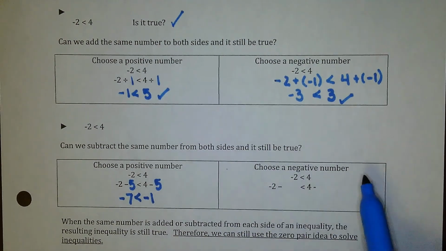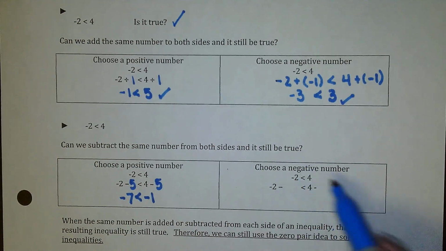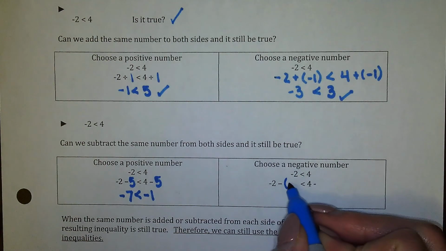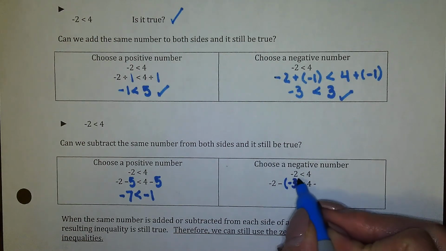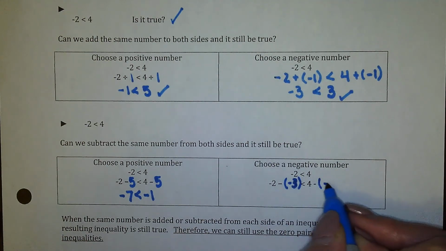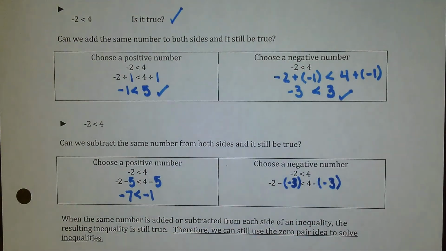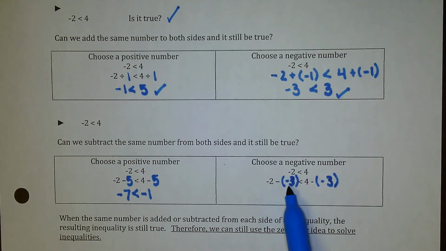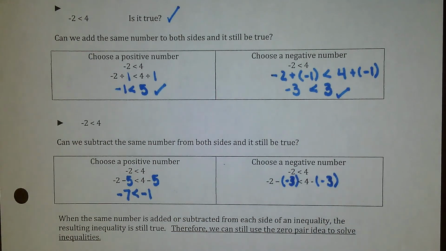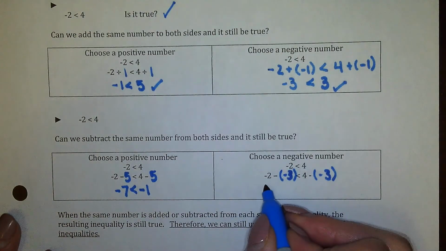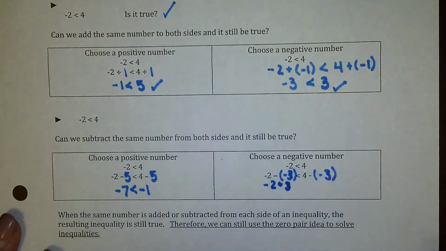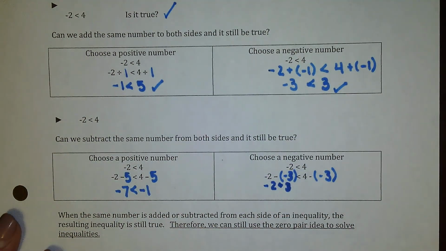Then I've got the same idea, but I want to take away a negative number. So maybe I'll take away -3 on both sides. Okay, so -2 take away a negative means that I'm actually going to be adding that. So I'm actually going to be going in my brain +3, okay, which gives me 1.